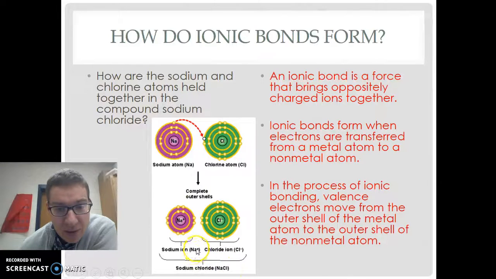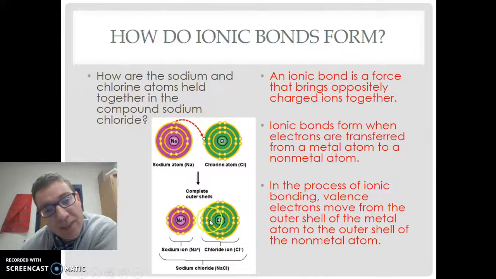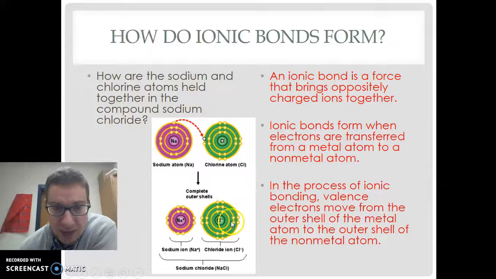Okay? Sodium becomes a positive ion because it gave away a negative electron, so now it has more protons than electrons. And chlorine stole an electron, so now it's a negative ion because it has 1 more electron than it has protons. So it has more negative than it has positive. So an ionic bond is a force that brings oppositely charged ions together.